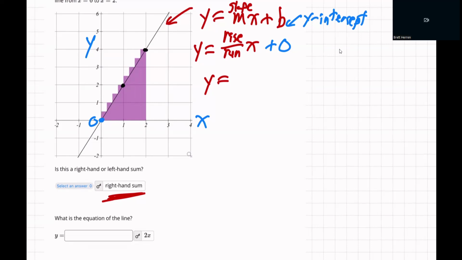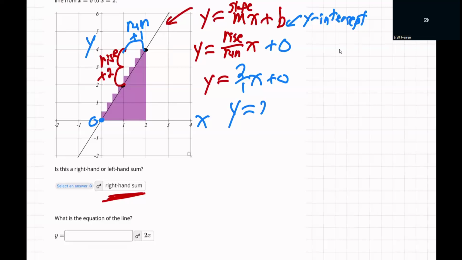To get from one point to the next, you go up 2, that's the rise, and you go over 1, that's the run. So up 2 over 1 from any point. That's what the line does. That's 2 over 1 x plus 0. So that's just y equals 2x. There we go, the equation of the line.